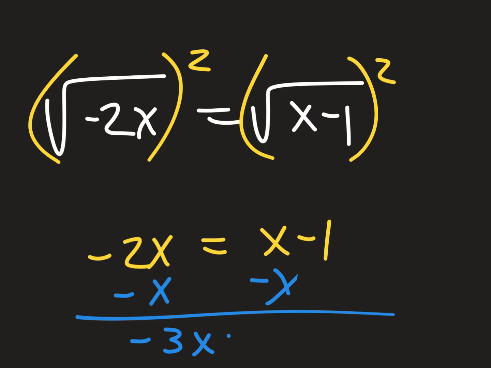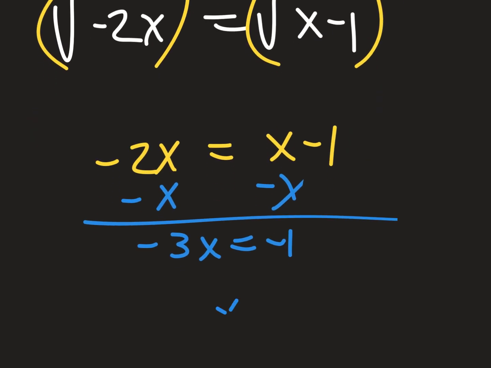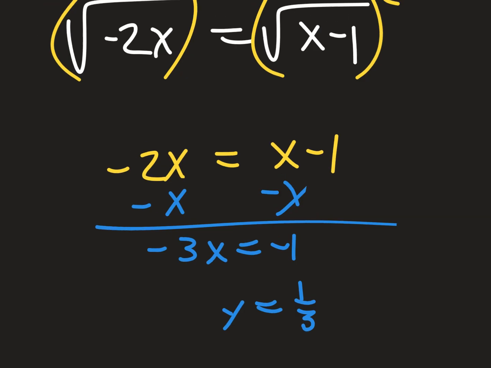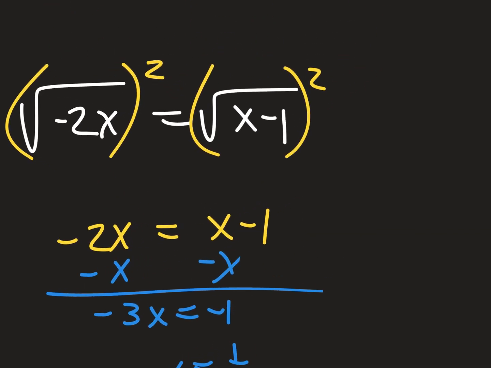Negative 3x equals negative 1. X equals 1/3. The problem is, if I go back in and put 1/3 right here, first of all, did you get 1/3?